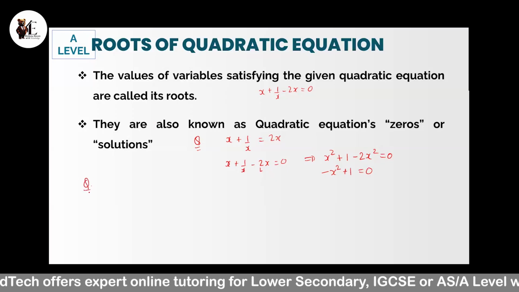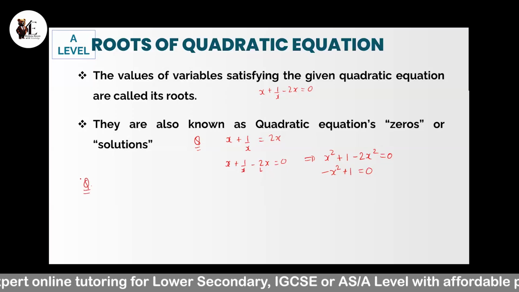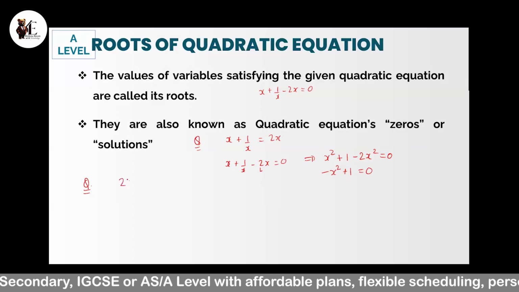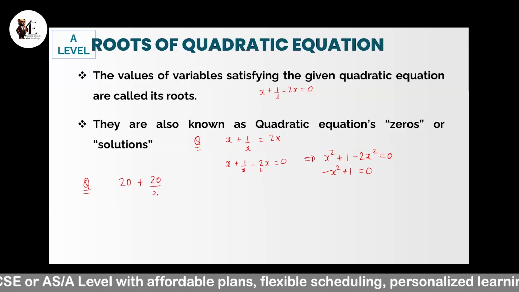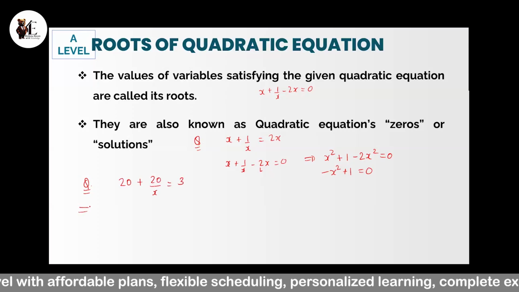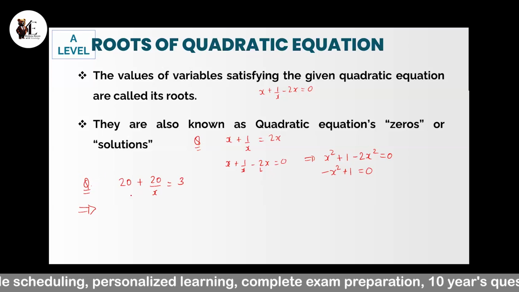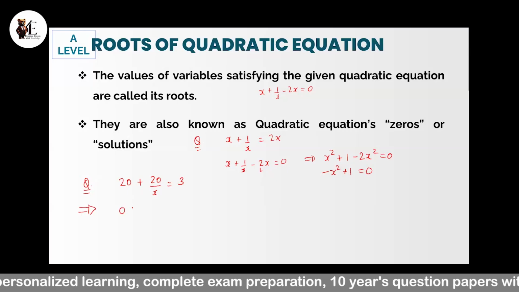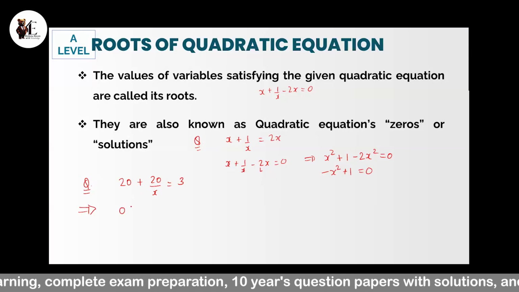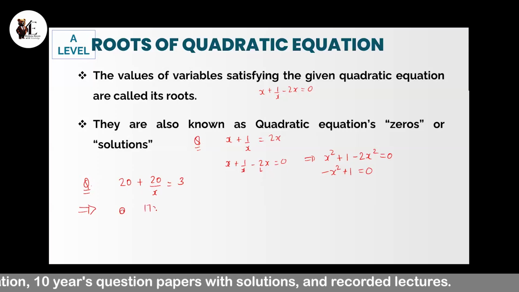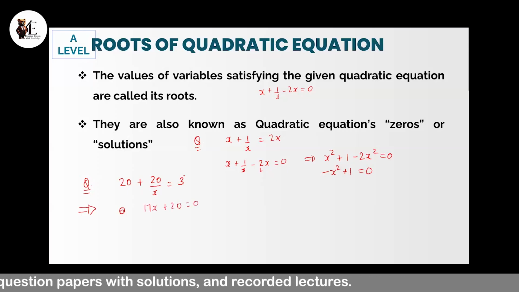Okay, and the next question. The next question is 20 plus 20 over x equals 3. What's your final equation for this one? It would be 17x plus 20 equals 0. Let's check. 17x plus 20 equals 0, yes, correct.